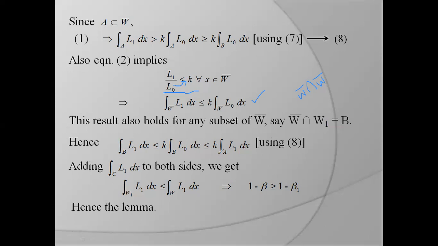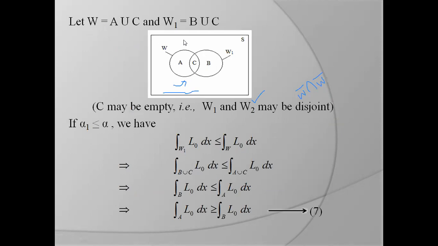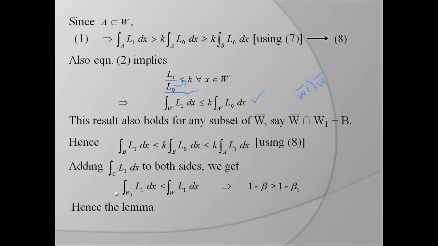If I add C to both sides, then here B union C and here A union C. According to the Venn diagram, B union C is W1 and A union C is W. That one we are substituting here.